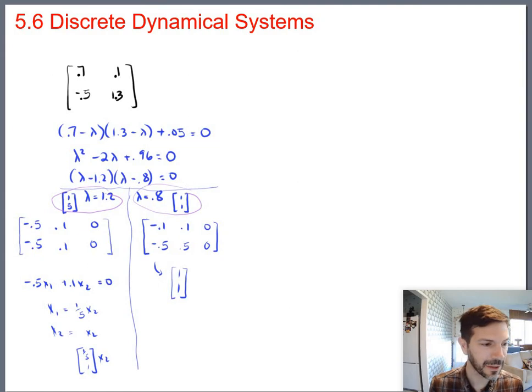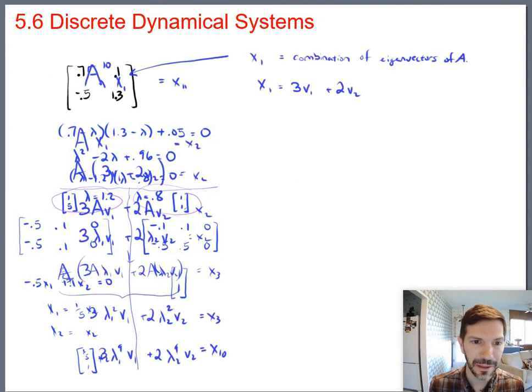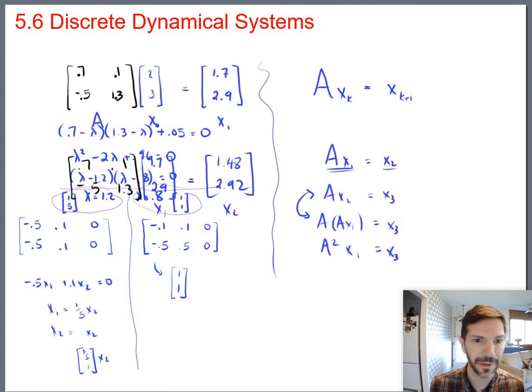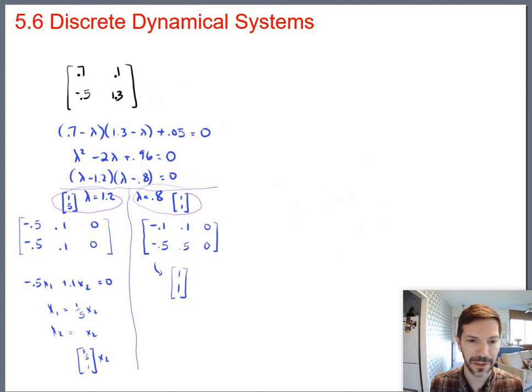Keep in mind, back in the original problem, here comes the mess. Oops, that's not the mess I wanted. There we go. The original problem, our starting vector was 2, 3. So let's see if we can rewrite 2, 3 in terms of our eigenvectors.